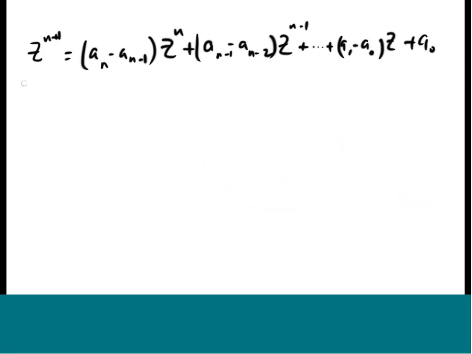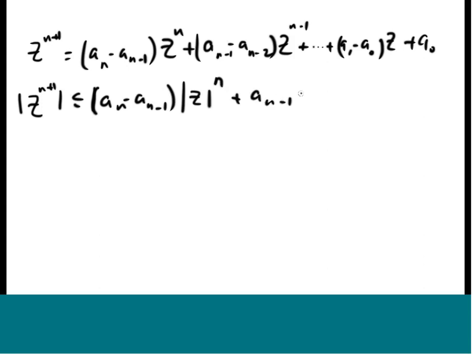So you take the absolute value, then |z^{n+1}| is going to be less than, the absolute value is the same thing because each is a positive number, (1 minus a_{n-1})|z|^n plus (a_{n-1} minus a_{n-2})|z|^{n-1} plus (a_1 minus a_0)|z| plus a_0.